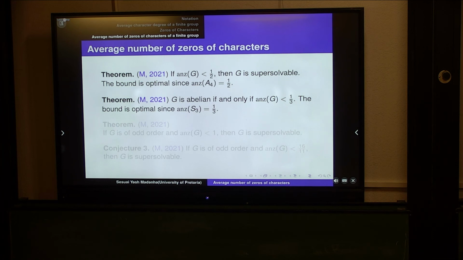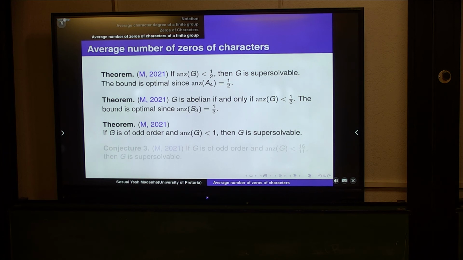Right. And then for odd order, we follow the same, because you saw that in the case of average character degrees, the bound was a bit higher. So in this case also, I looked at that and saw that, okay, if the average number of zeros is less than 1, then G is going to be supersolvable for groups of odd order.